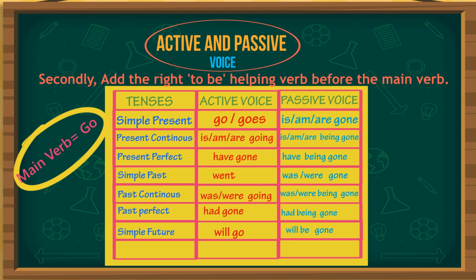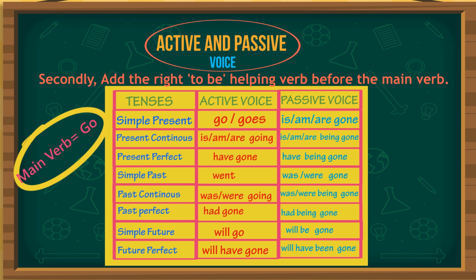In passive voice, we use the helping verb will be and the verb's third form, gone. Next is future perfect tense. In active voice, we use will have gone, and in passive voice, we use the helping verb been after will have and the verb's third form, gone.